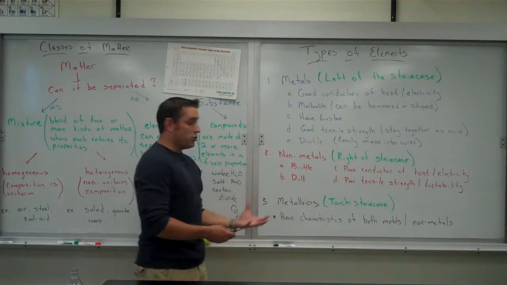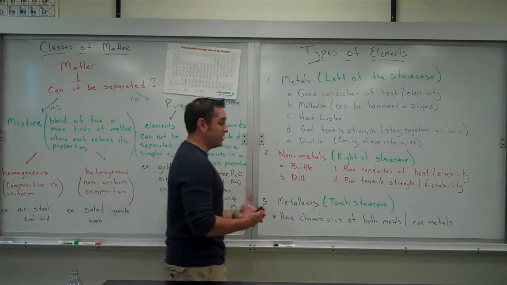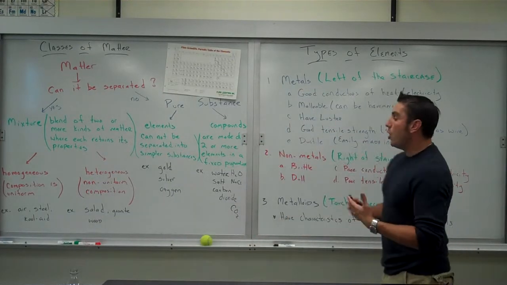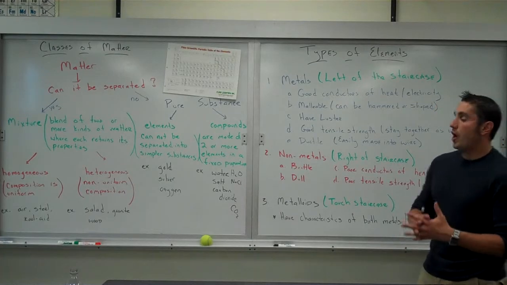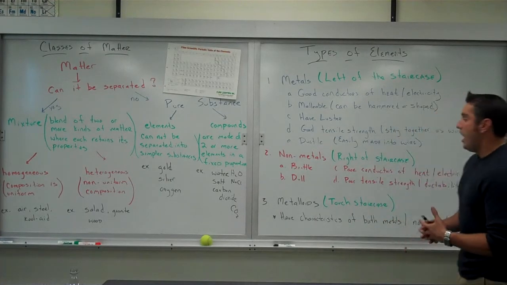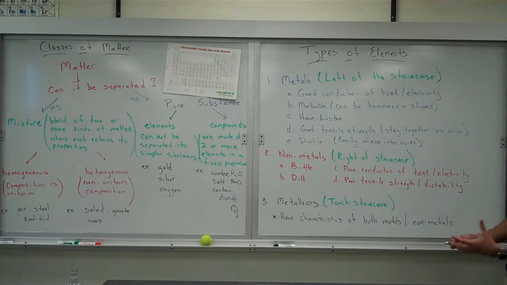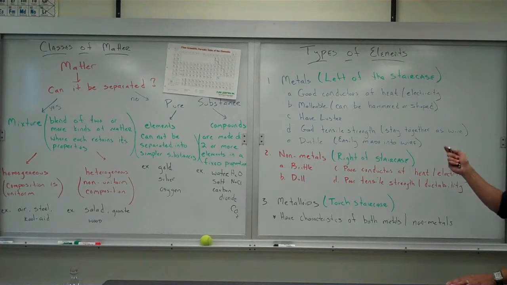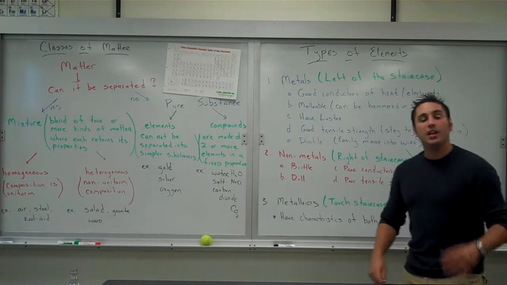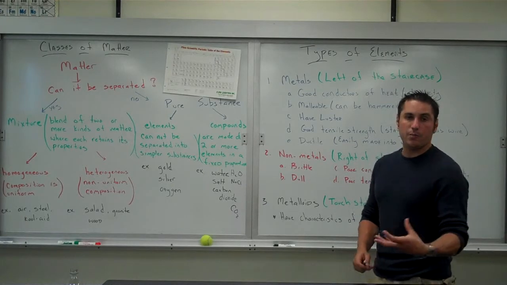One of the most useful metalloids that we have is silicon. Right? So much of what computers run on are these silicon chips. And the reason that silicon is very useful as a metalloid is because it is a very good conductor of electricity, so it can run our computer, but it is a poor conductor of heat. It won't overheat the computer.